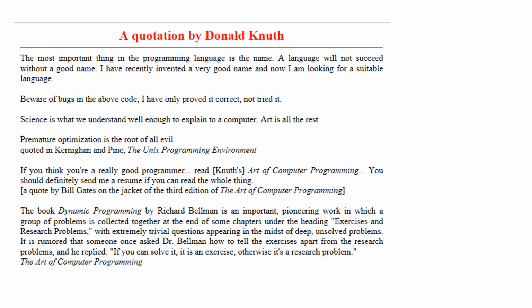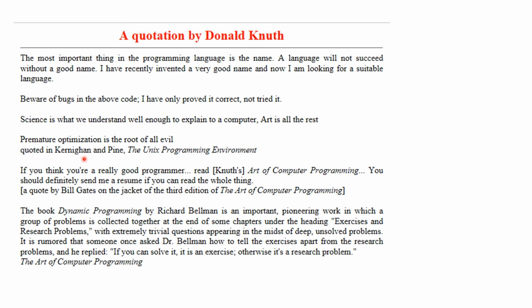Here are some things that he has said and others have said about him. Here he's saying that he has a great name for a programming language, but he's now looking for a suitable language. He says science is what we understand well enough to explain to a computer. All the rest is art.